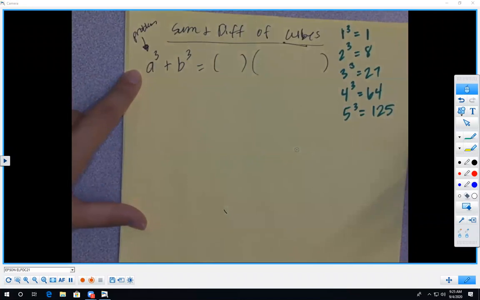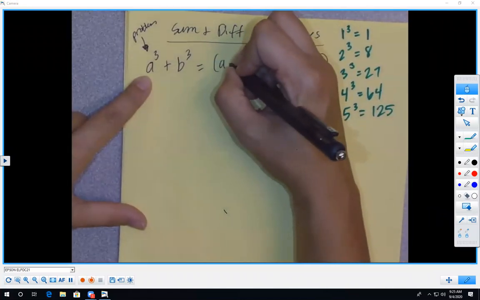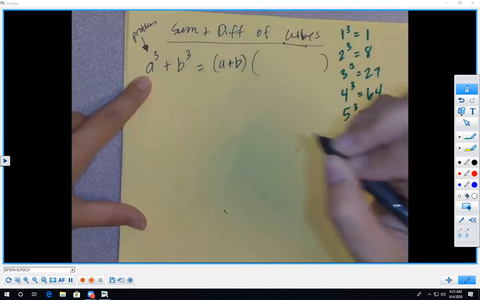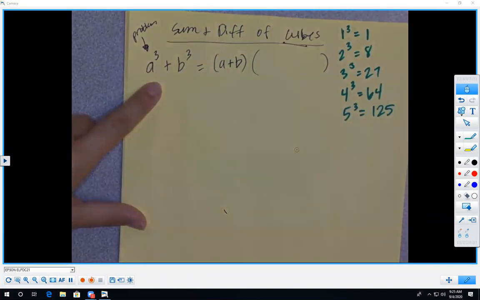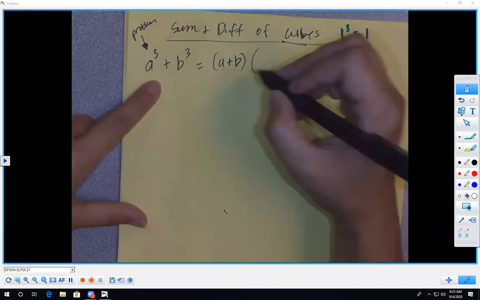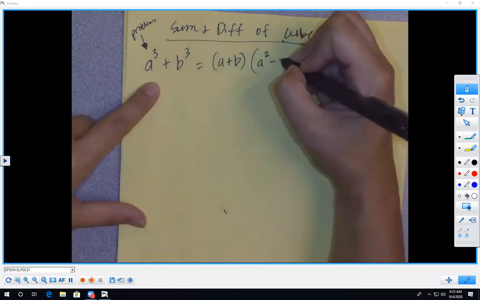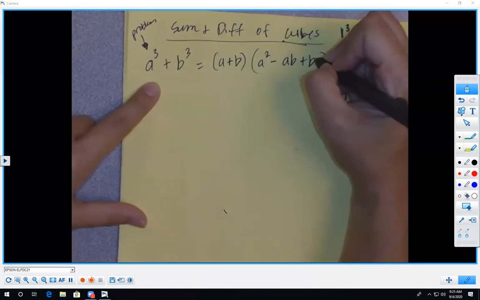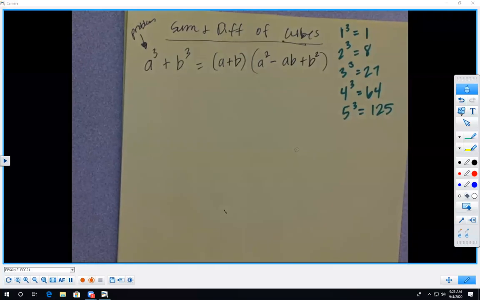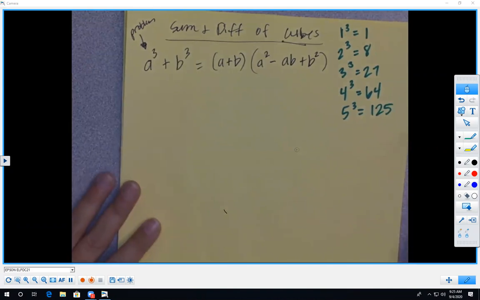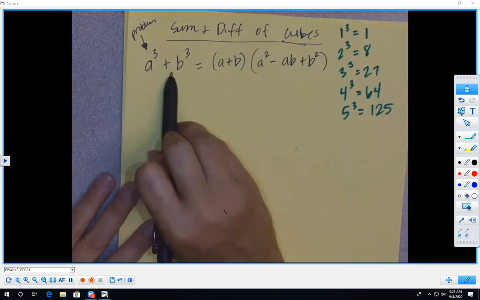In the little set of parentheses, it is a plus b. In the big set of parentheses, it's a squared minus ab plus b squared. Okay, so that's the sum of cubes because it had a plus sign in the middle of your problem.